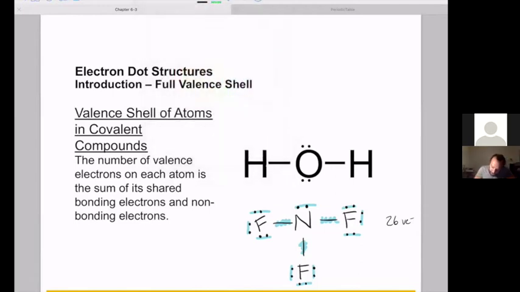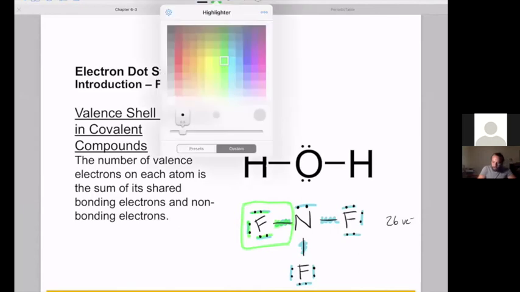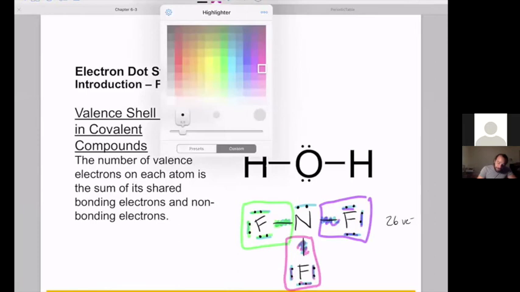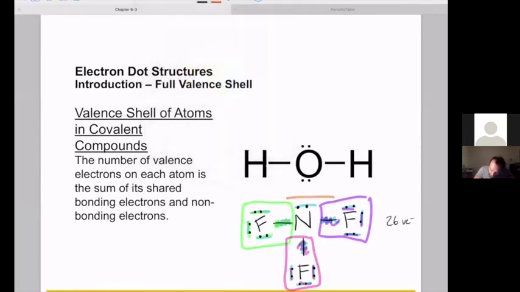And so indeed, this fluorine here has 2, 4, 6, 8. You can see due to symmetry, it's going to be the same for all the fluorines, 2, 4, 6, 8. 2, 4, 6, 8.